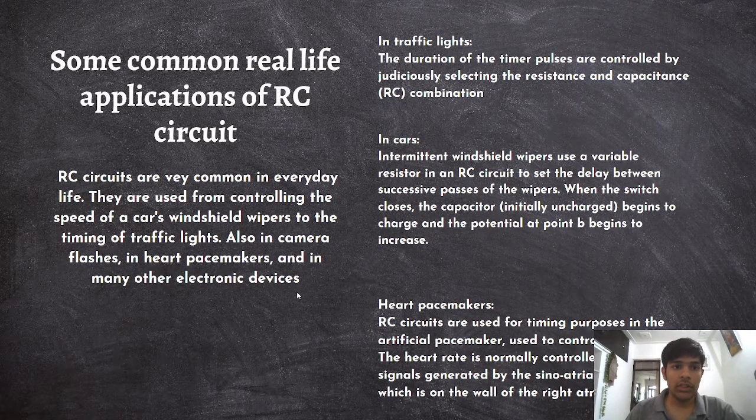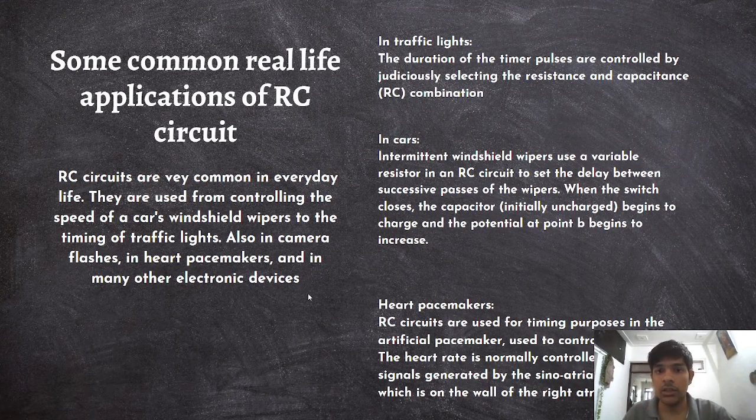Coming to some real life applications of RC circuits, RC circuits are very commonly used in cars' windshield wipers, in the timing of traffic lights, also in camera flashes and in heart pacemakers, and in many other electronic devices. In traffic circuits, these are generally used to control the duration of the timer pulse, and in the windshield a similar mechanism occurs: when the switch closes, the capacitor begins to charge and the potential at the wiper begins to increase.